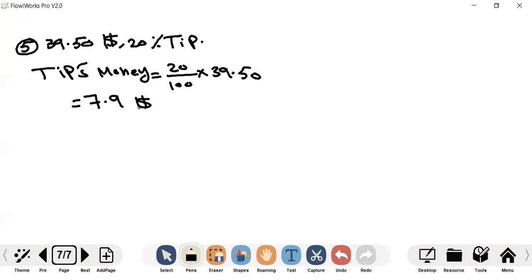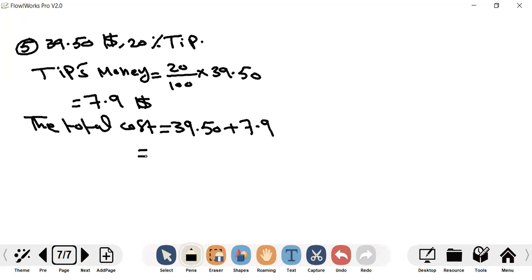So the total cost equals 39.50 plus 7.9. This is equal 47.4. This is the total cost for the pizza, including the tip for the delivery person.